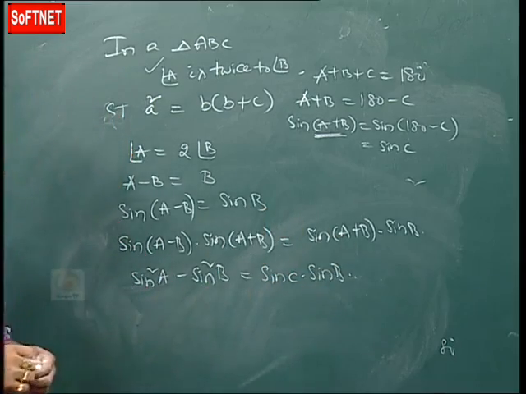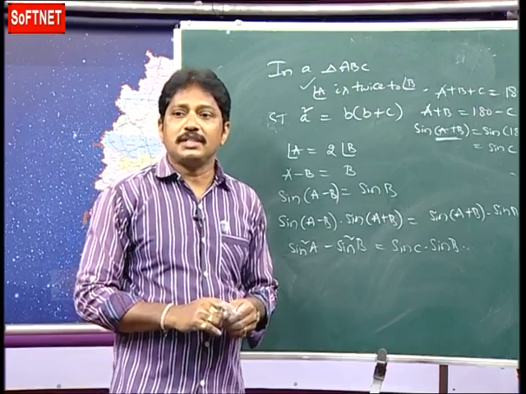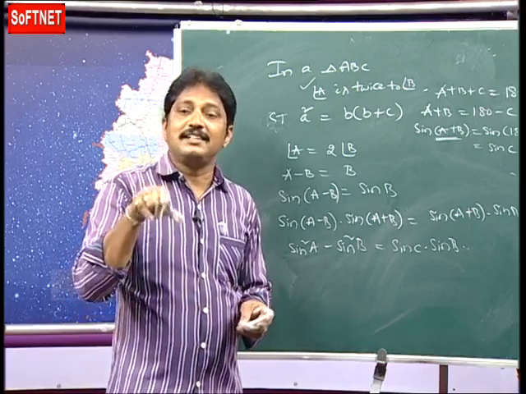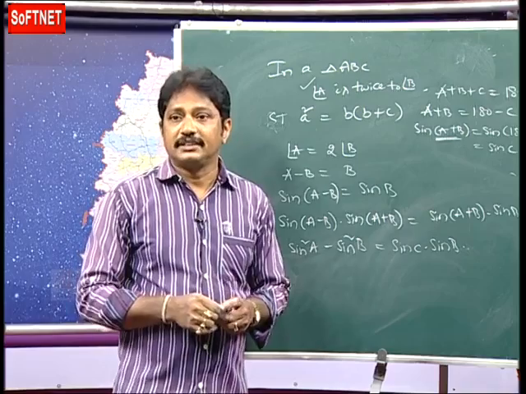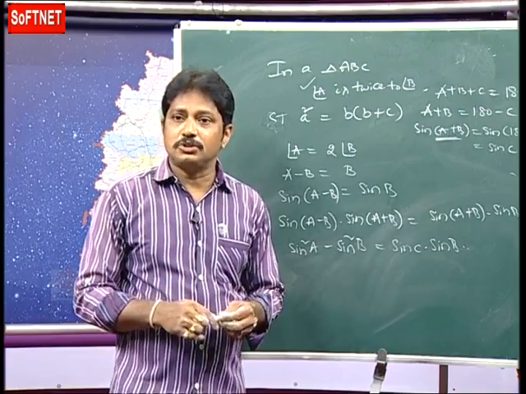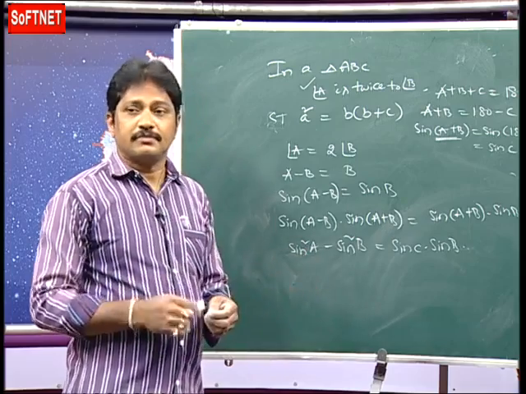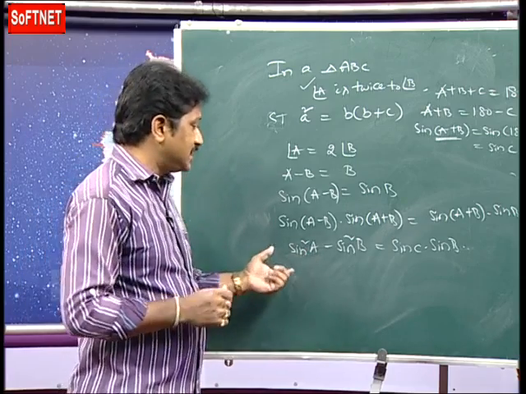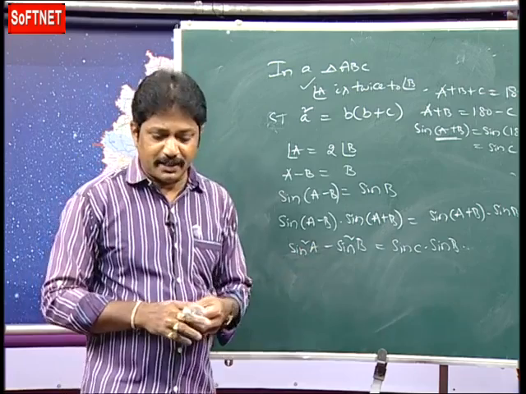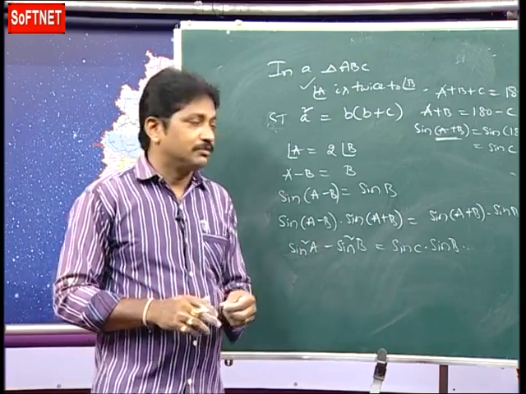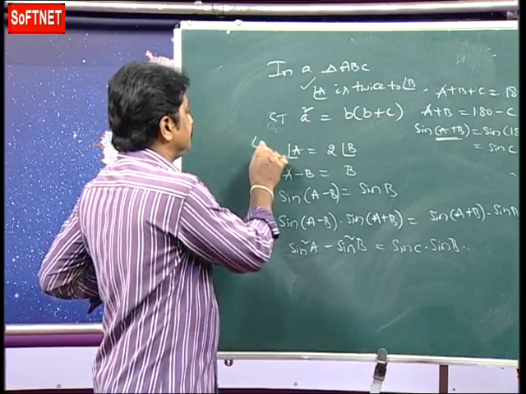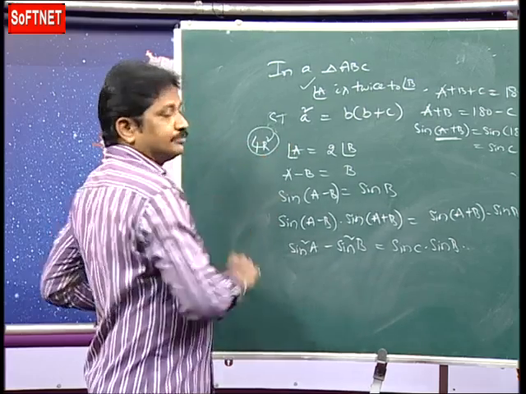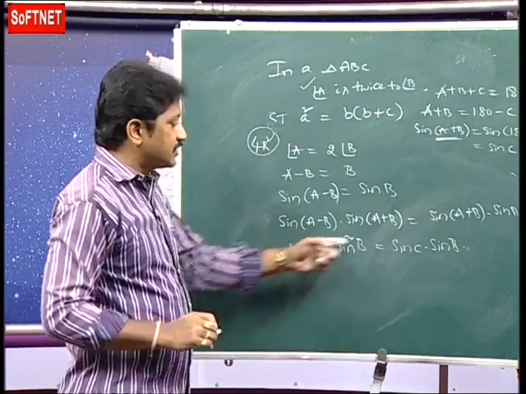Clear? Okay. Now I am going to use the concept of sine law. Then we can find the area, here 2r sine A. I am going to use it, so for that reason, sine square A minus sine square B, I am multiplying with 4r square on both sides for each term.